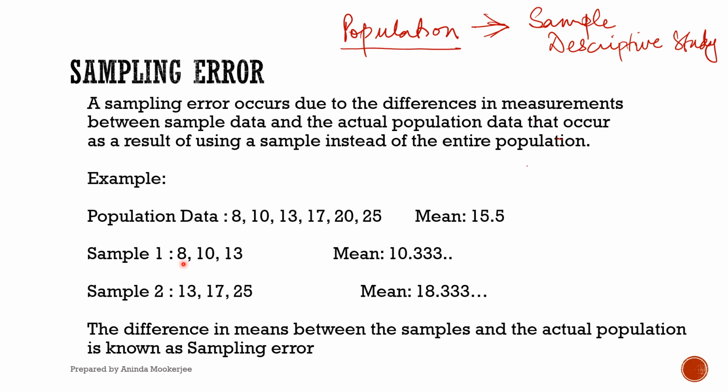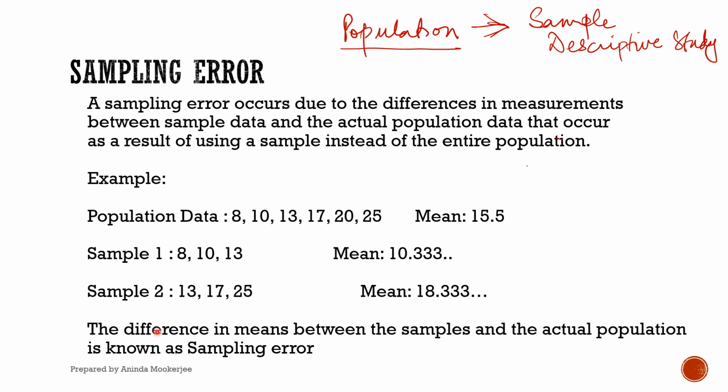So if we take the average of these 3 values, we get a mean of 10.33. If we had chosen 3 other numbers from the population, 13, 17, and 25, and found the average of those, we got a mean value of 18.33.